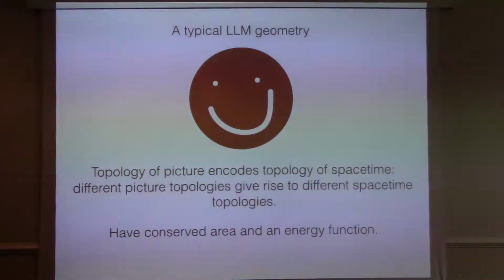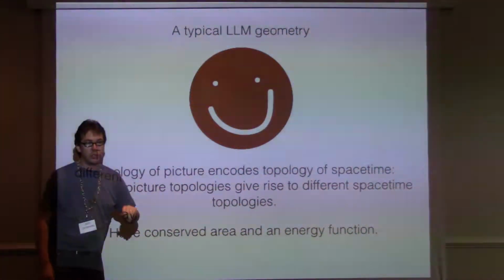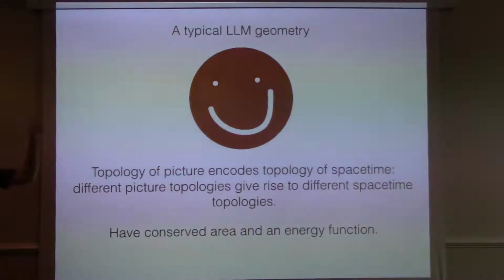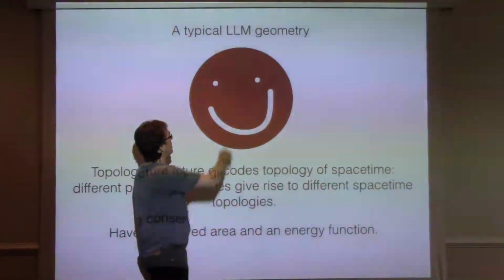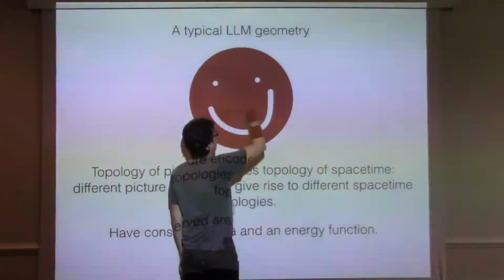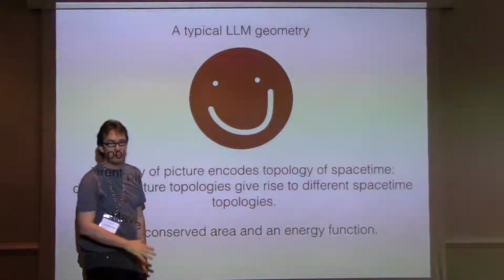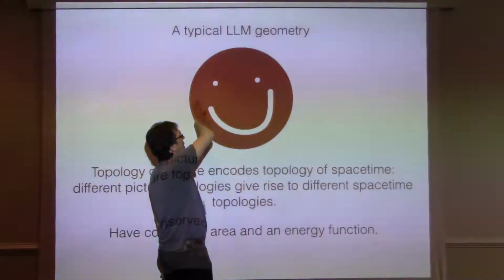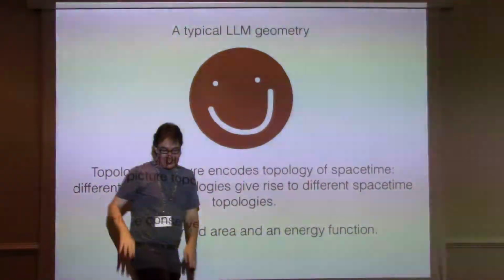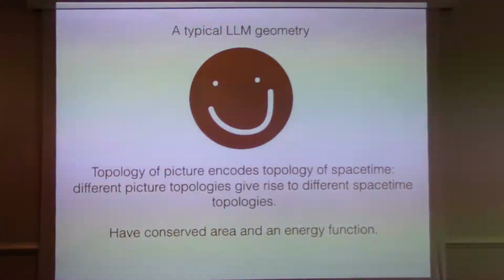Okay, and then it turns out that this is a non-trivial statement: the topology of the picture encodes the topology of spacetime. So if I change the number of cycles, I change the topology of spacetime, and this is why they're called bubbling geometries, because you have non-trivial bubbling cycles, and the way you build that cycle is that a sphere goes to 0 size on the red part, on the plane, so you can thread that sphere around that thing, it has gone to 0 size, and then you put a dome around it, and then when you dome, it has finite value.